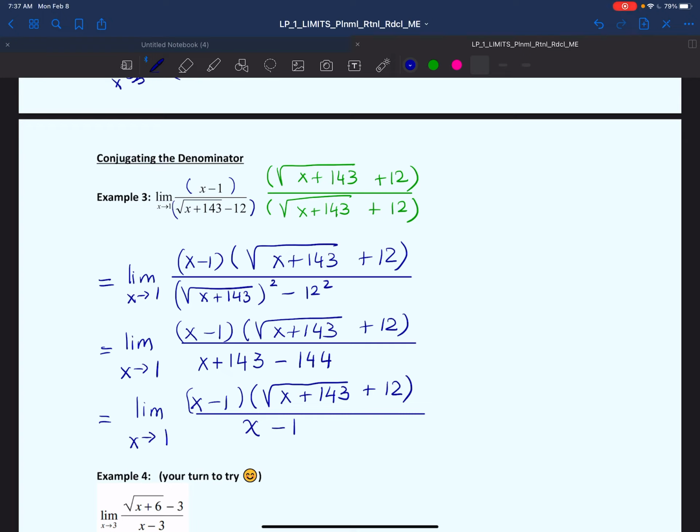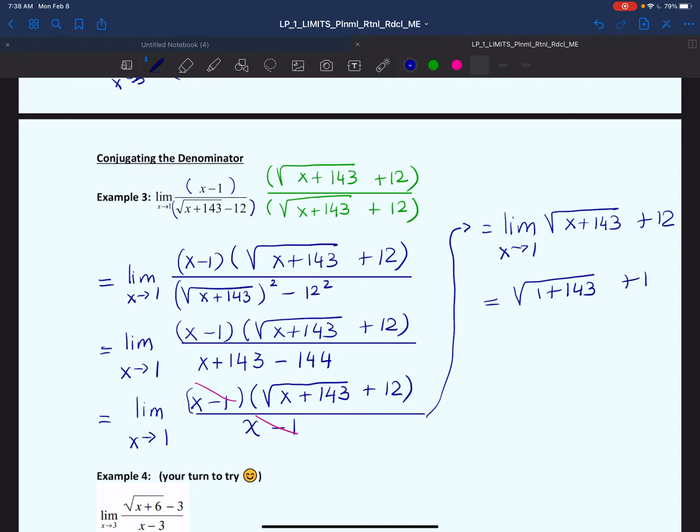So x minus 1 simplified by x minus 1 now will leave us with the limit as x approaches 1 of square root of x plus 143 plus 12. And now I can substitute x by 1 with confidence. 1 plus 143 plus 12. That would be root of 144, or 12 plus 12, and that equals 24.